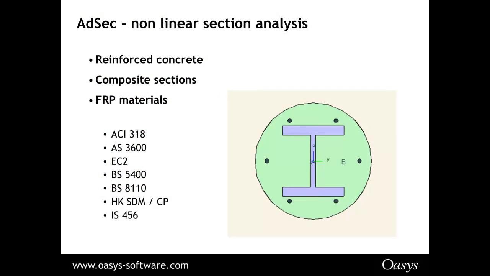Unlike ADC, which only does very simple sections, circular or square for columns, and a reduced number of sections for beams, AddSEC will allow you to create anything and analyze it. Whether it's reinforced concrete, composite sections, composite columns, FRP materials, carbon fiber wraps, GRP rebar, that sort of thing.